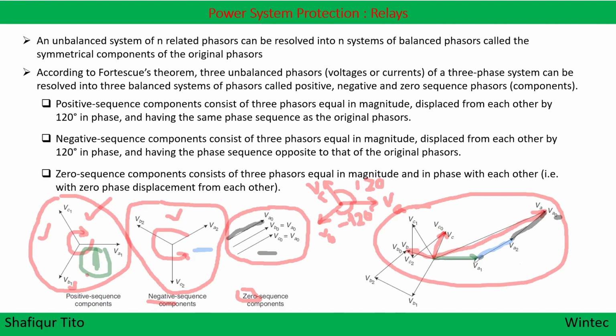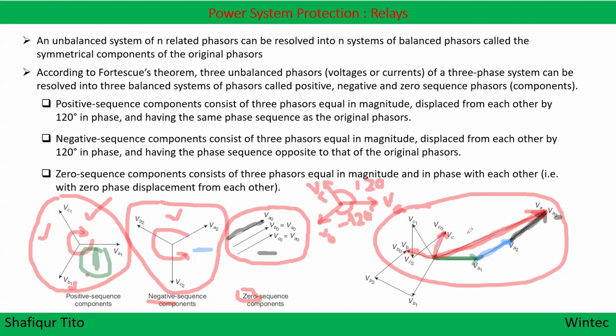So you are adding these three: this one, then you have added this blue one, and then you have added this black one, and all these have resulted in the resultant fault condition vector. This is the relation.